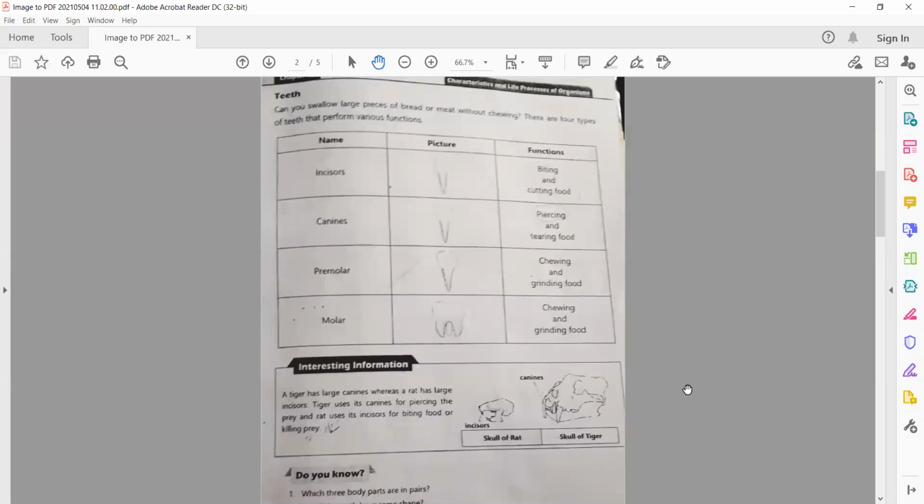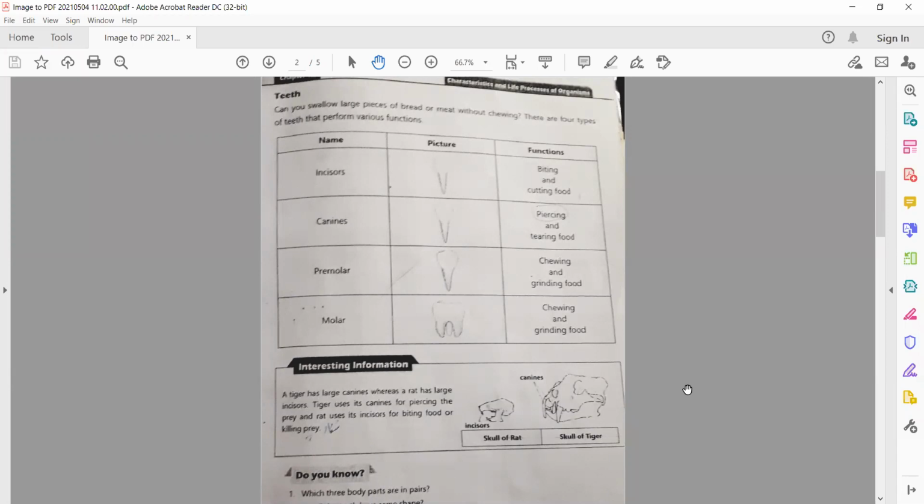While incisors are 8, 4 in each jaw, canines are 4, 2 in each jaw. Canines are the pointed teeth beside your incisors, and they are sharp. So they help in tearing food and piercing the food.